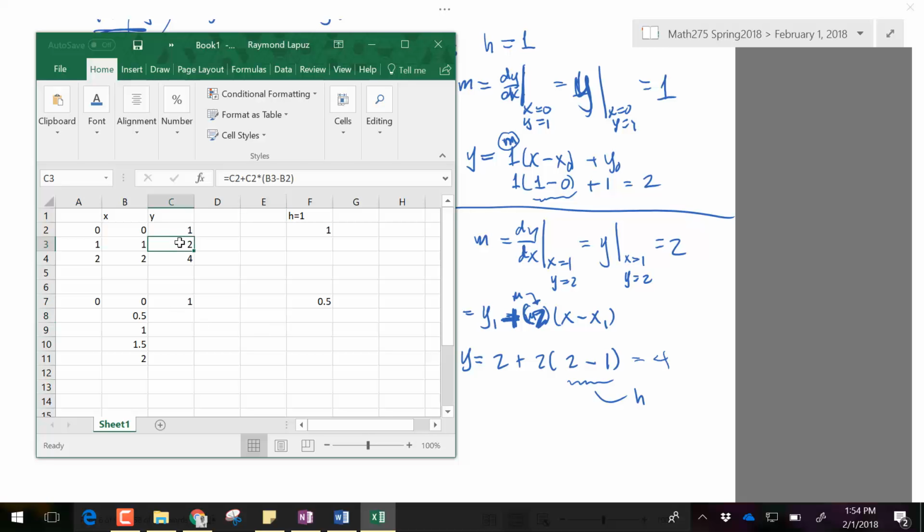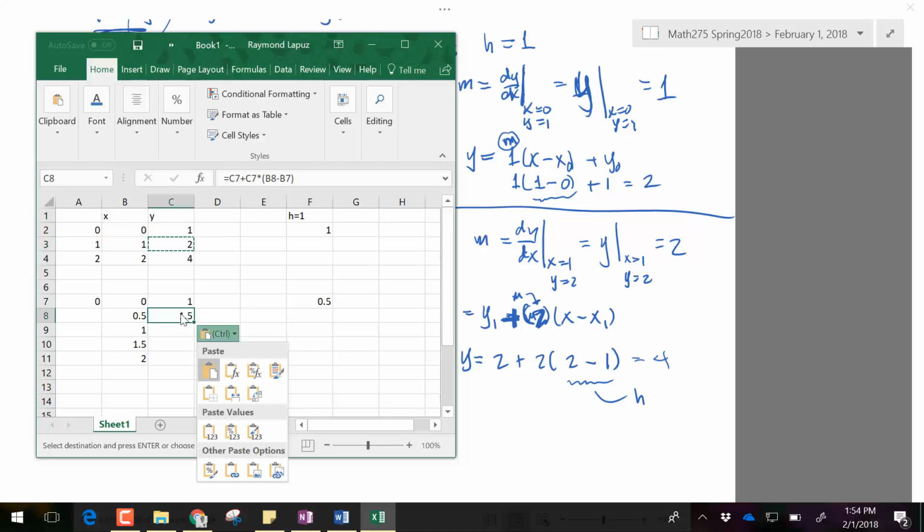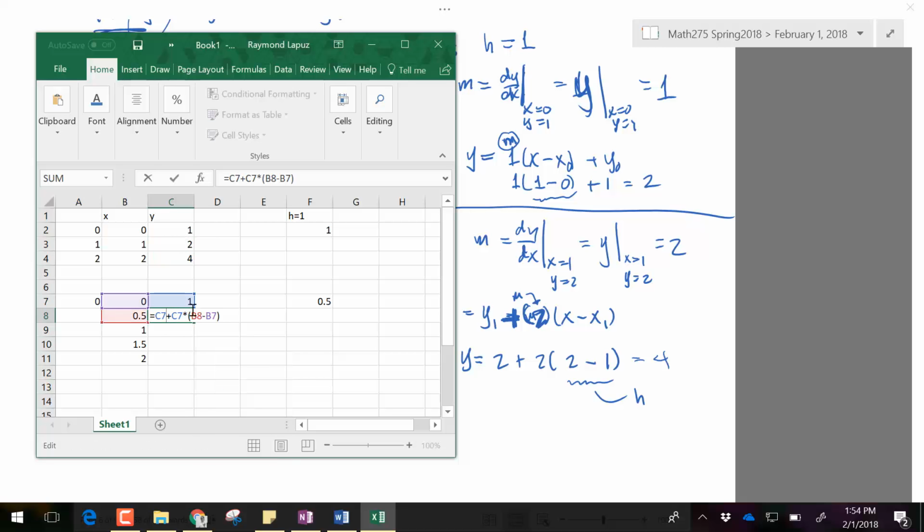So the idea is that, let me start this over again. The formula is that this is going to be the previous y value plus the slope, which in this case is the y value, times x minus the previous x.